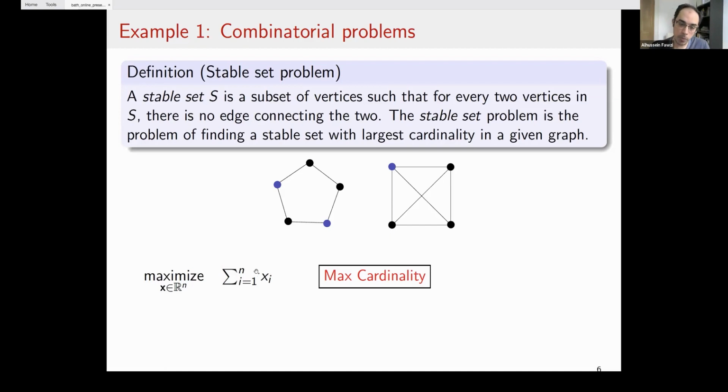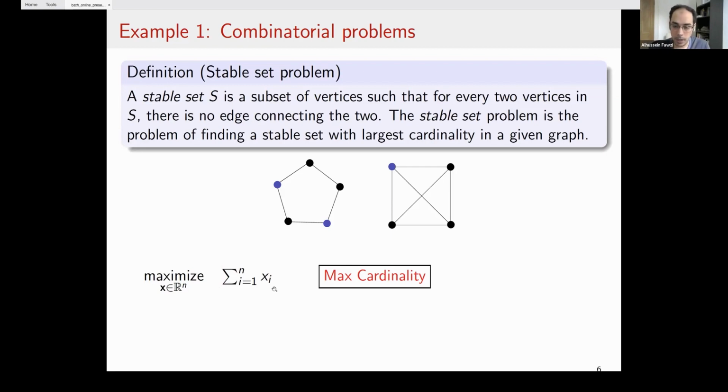And then you're trying to find the set of largest cardinality, and the cardinality is just the sum of the x_i's, subject to: you don't want to have any edge between two nodes in the set S, right? So you will put that x_i x_j is equal to 0 for all i, j that have an edge connecting these two. And also you'll say that x_i squared is equal to x_i, because you want x_i to be in {0, 1}. Okay. So in this way you frame the problem completely as a polynomial system of equations.